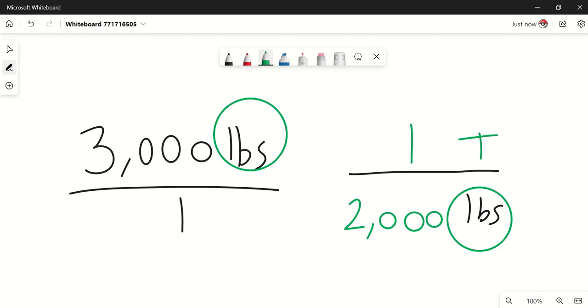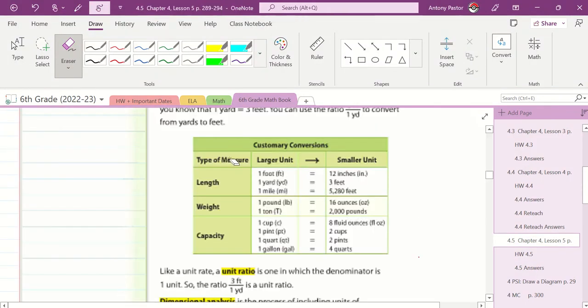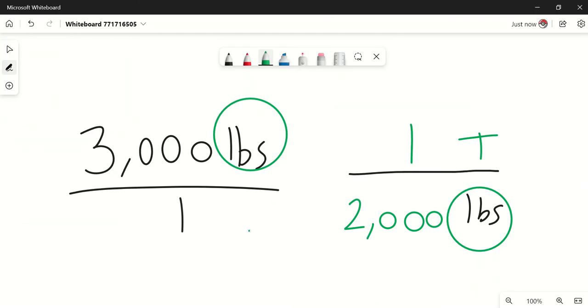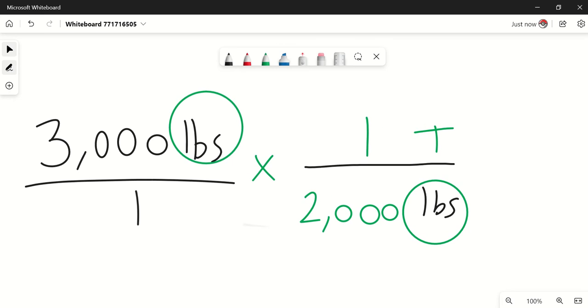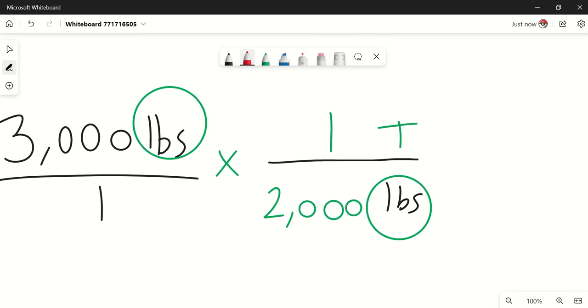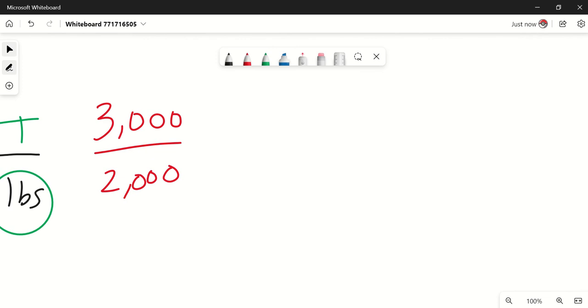If we want to check our table, we can. 1 ton equals 2,000 pounds. I'm going to go ahead and multiply straight across. I'm going to move this because I wrote it a little too big, but 3,000 times 1 will be 3,000. 1 times 2,000 will be 2,000. Improper fraction. I will need to divide.